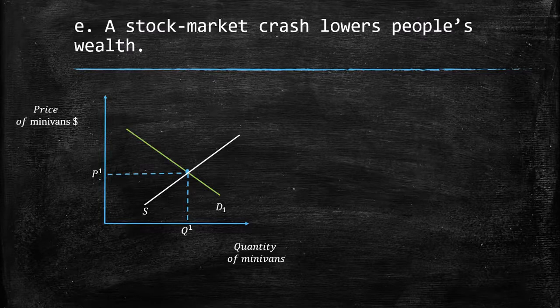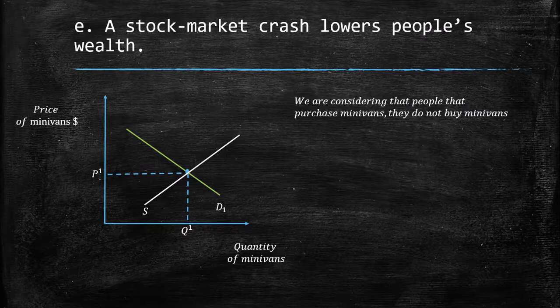So because they don't buy minivans, there's not going to be any change, because this is beyond this market. What I'm trying to say is that these people don't buy minivans, so there's not going to be any change on the market.